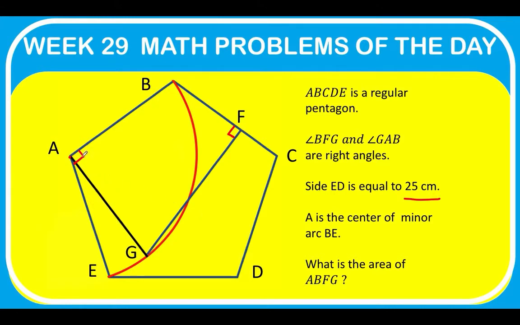Now, what kind of quadrilateral is quadrilateral ABFG? From the figure, there are no parallel sides. So it's hard for us to fit any formula for the area of any type of quadrilateral in this case.